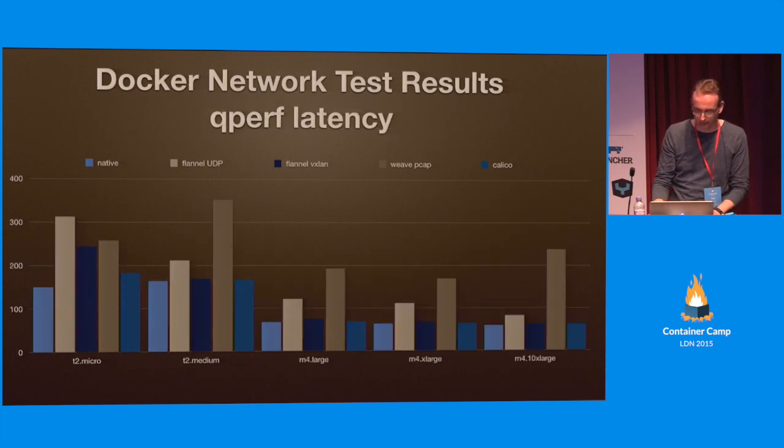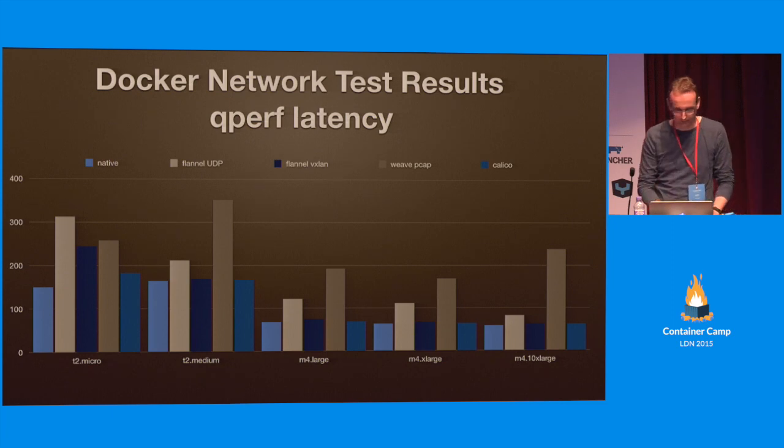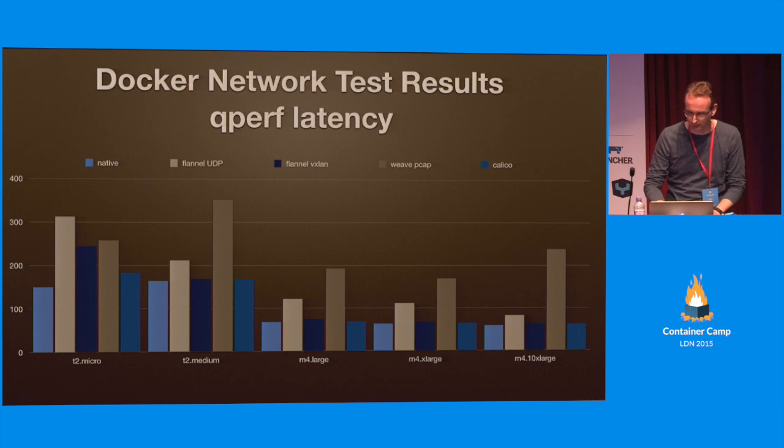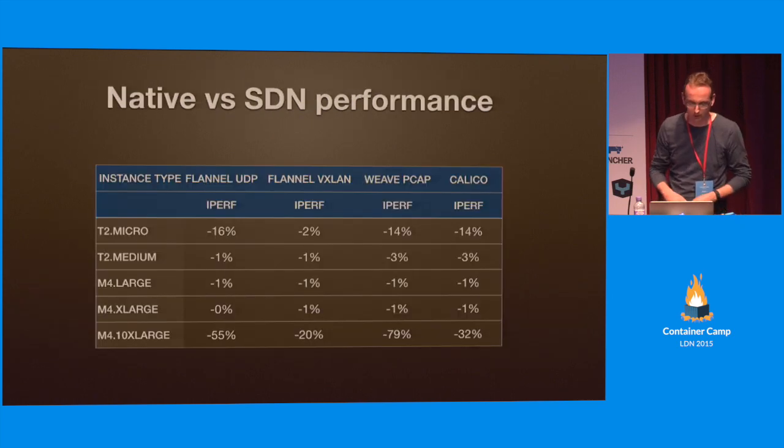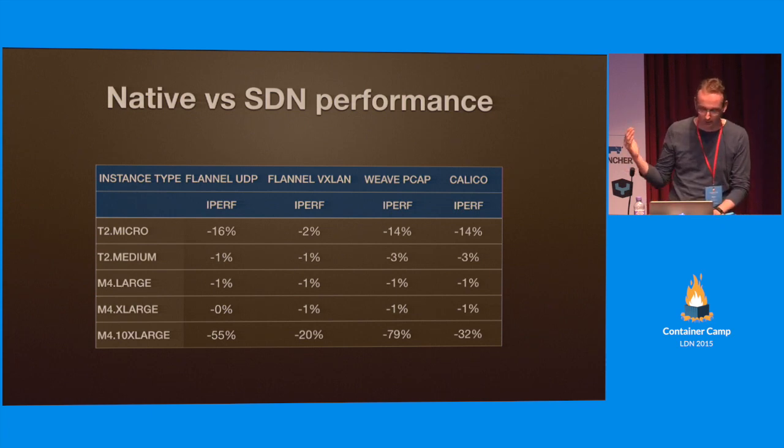Let's look at the latency really quick. Pretty decent, except Weave is a bit disappointing maybe. But let's focus on the bandwidth for now, and let's compare the native with the SDN performance. What I noticed was that the tiniest and the biggest virtual machines have quite some differences.